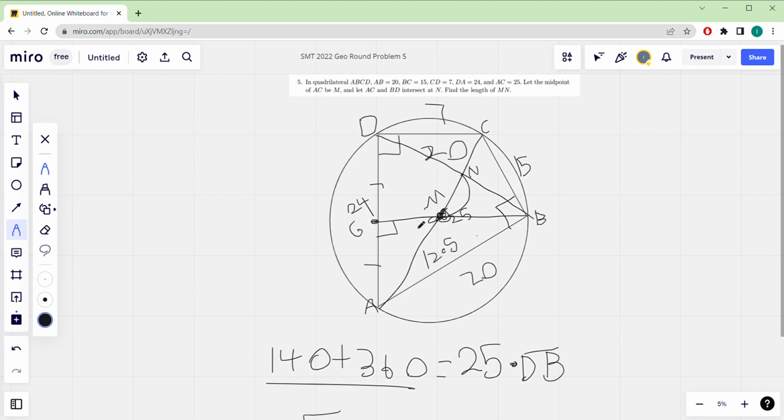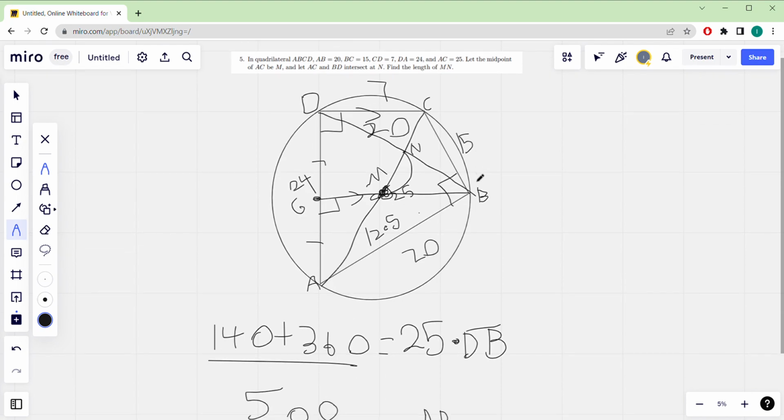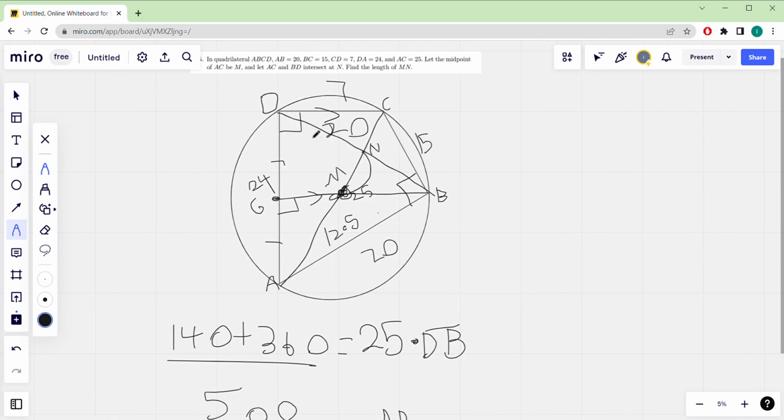And once we do that, we can see that segment GB is parallel to segment DC, so this segment is parallel to this segment. And we can see that this creates two similar triangles.